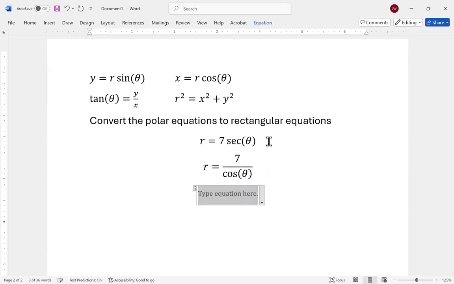Now, if I multiply both sides by cosine, I end up with r times cosine of theta is equal to 7.